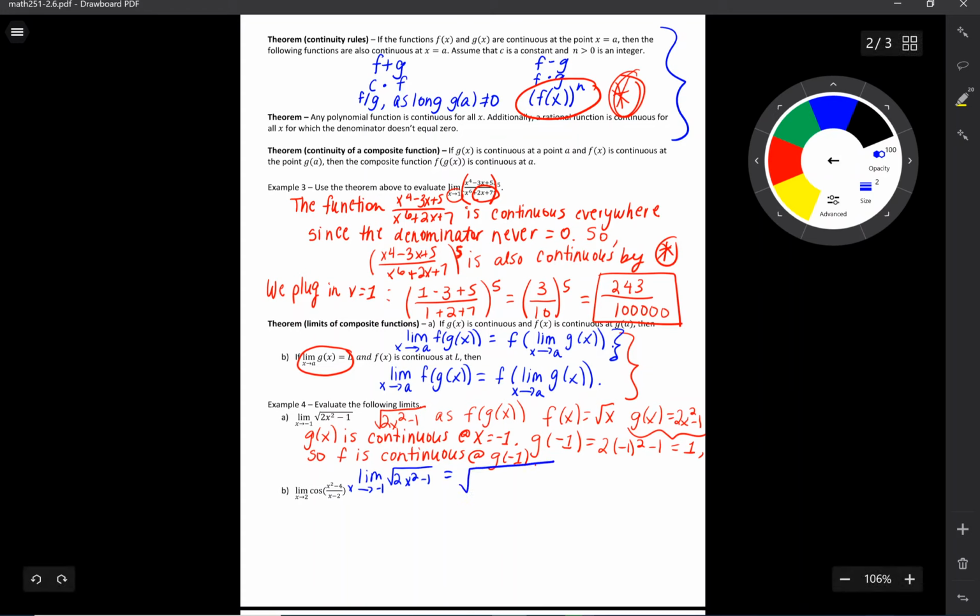So that's f of the limit as x approaches -1 of g of x, which is 2 times -1 squared minus 1. So this is the square root of, well, the limit as x goes to -1 of this function is just 1. So my answer is 1.